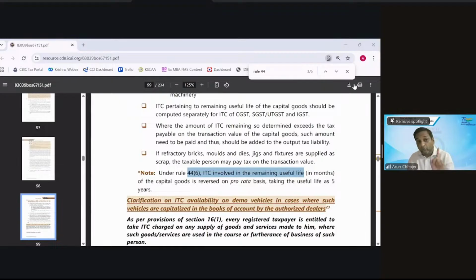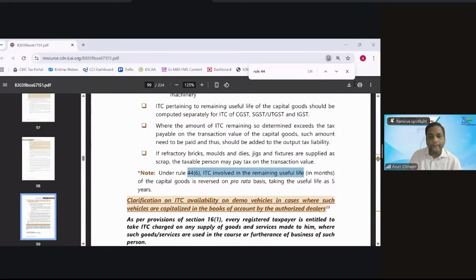4 month. So 5% per quarter or part thereof. So it means 1 full quarter and 1 more month. It will be considered as 2 quarter for the purpose of Rule 40 Sub Rule 2. But whereas if I will go by Rule 44 Sub Rule 6, it says 4 month. So thereby you might have the different value.